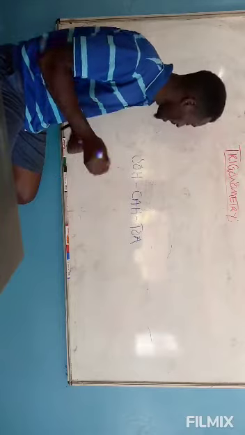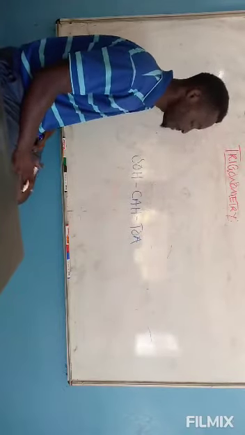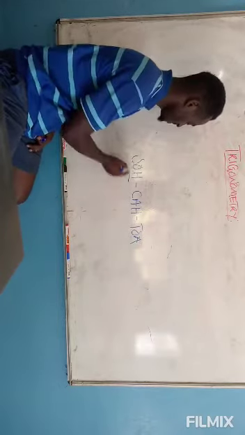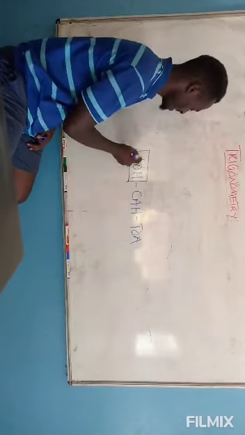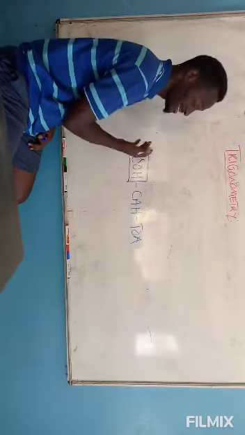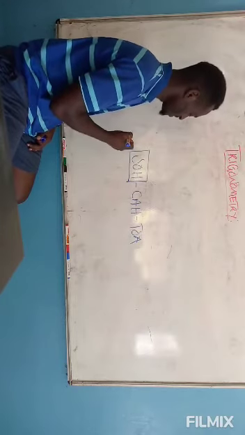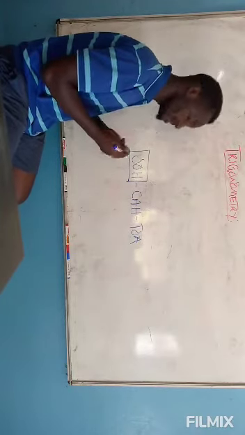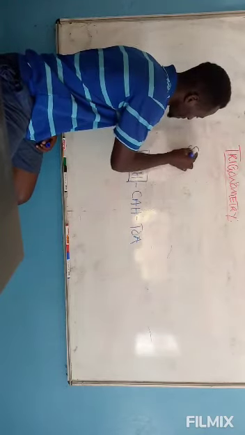So, I'll start by showing you how you can come up with the ratios. I'll start with the first one, which is SOH. The S is sine. So for me to come up with the ratio, I'll say sine theta.